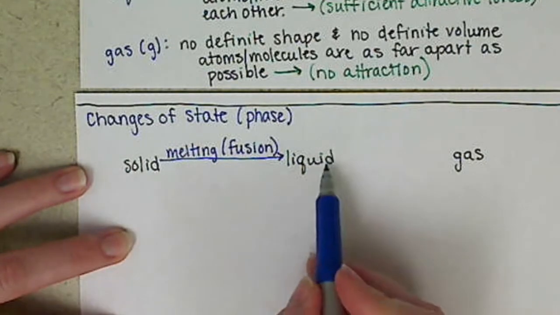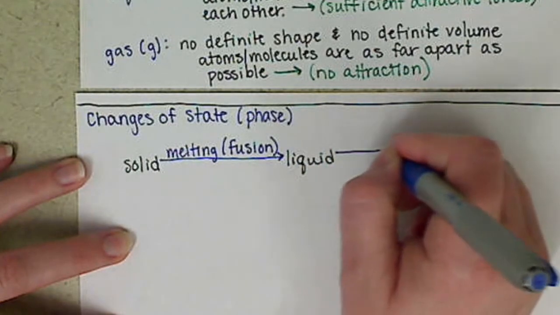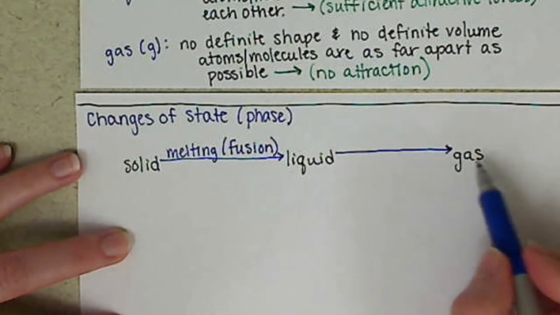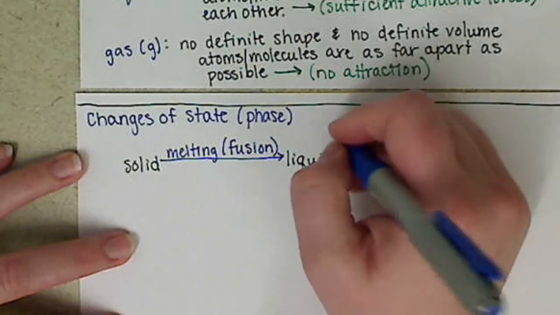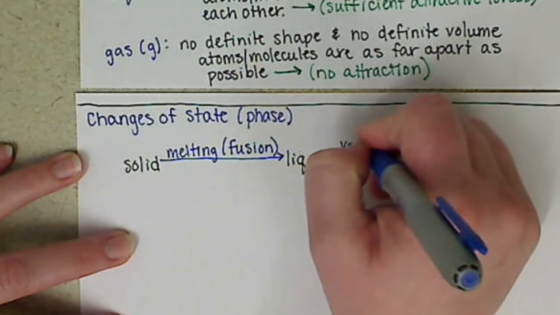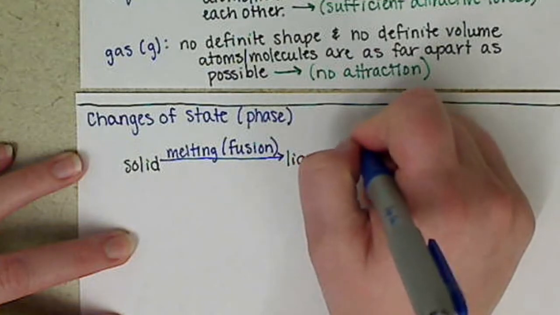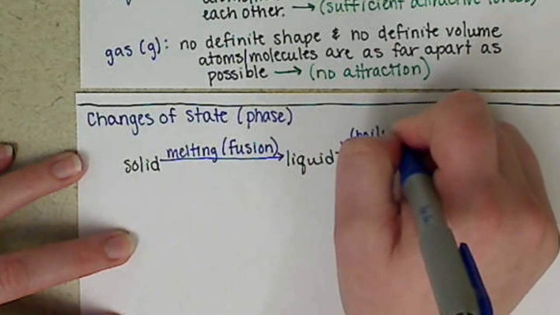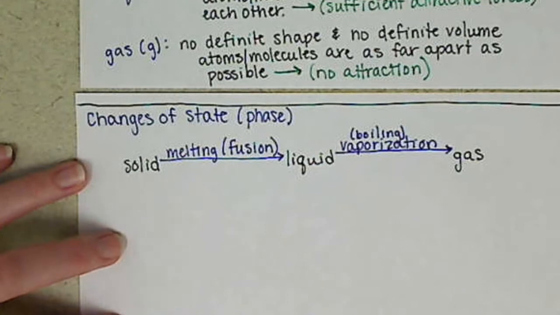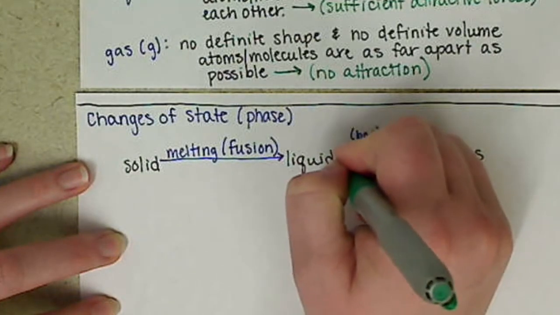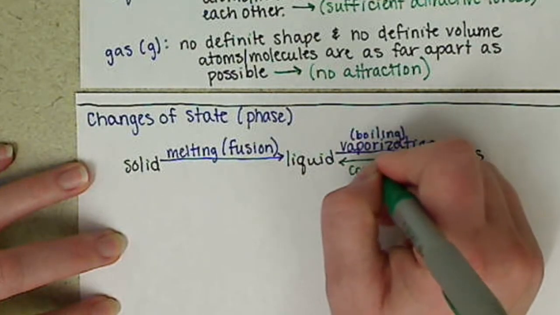If we keep adding energy, we add heat, we want to take our liquid into our gas. So we want to go from liquid water to water vapor. This is called vaporization, or you might want to call this boiling. If we go in the opposite direction, from a gas to a liquid, we call this condensation.